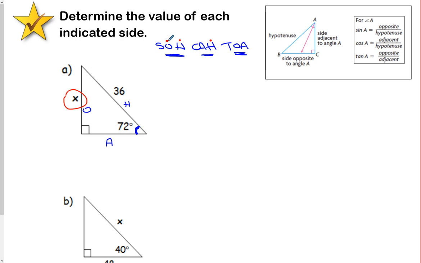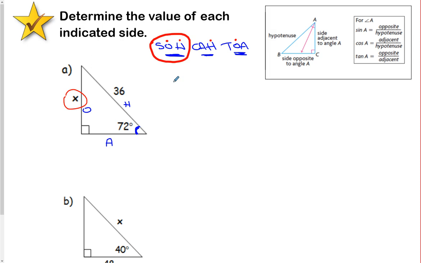So I probably am using one of the ones that has the opposite side in it. So you'll notice I put a little dot over opposite. The adjacent side, I don't know it and I don't need to know it. So I'm just going to not worry about the adjacent side. Now let's have a look. Sine is the one that has both the hypotenuse and the opposite side in there. Great. So that's the one I want to use.